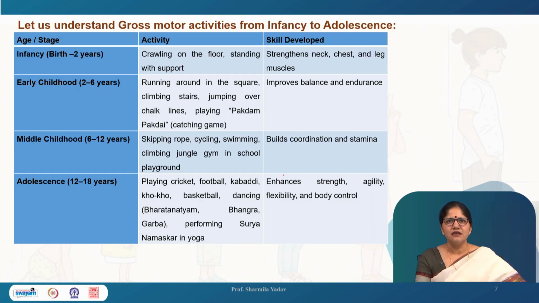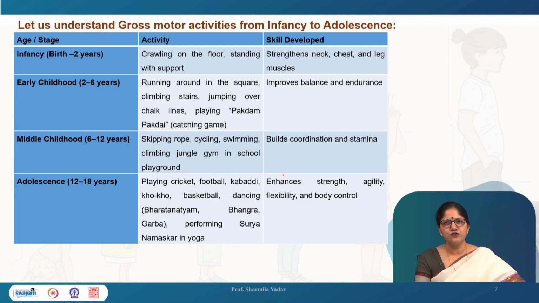Let us understand gross motor activities from infancy to adolescence from this table. The table is divided into three columns: age, activity and the skills which are going to be developed. Infancy, from birth to 2 years: the activity is crawling on the floor, standing with support.